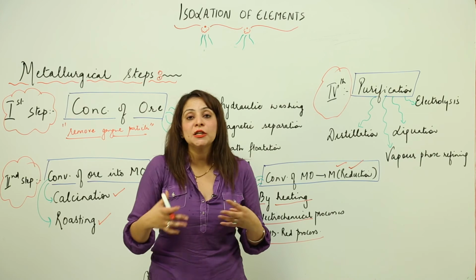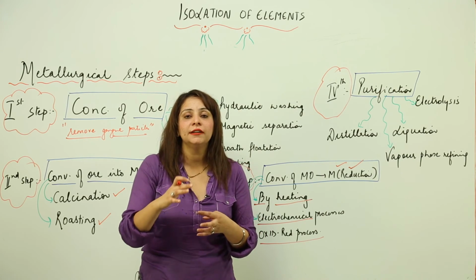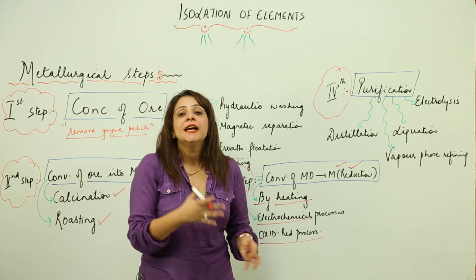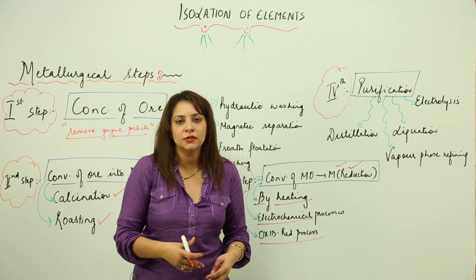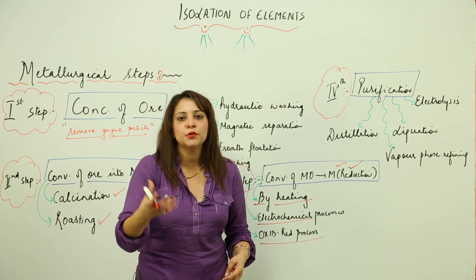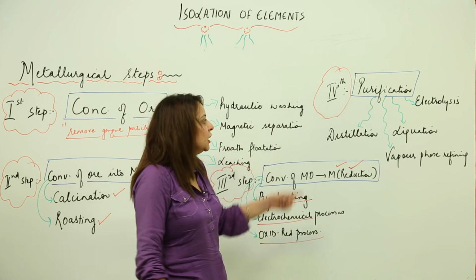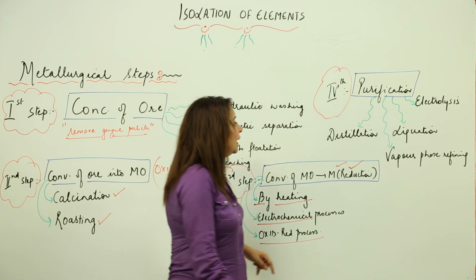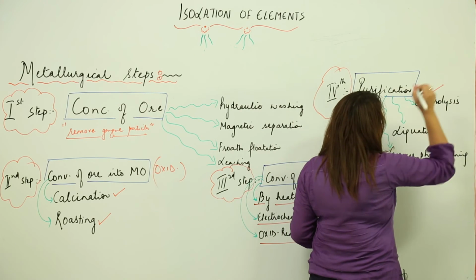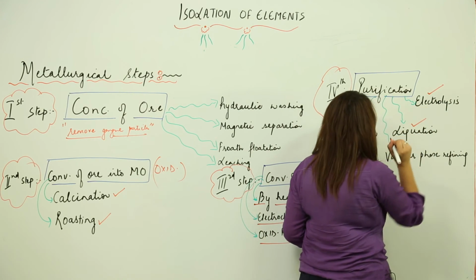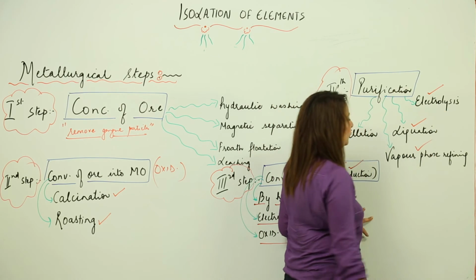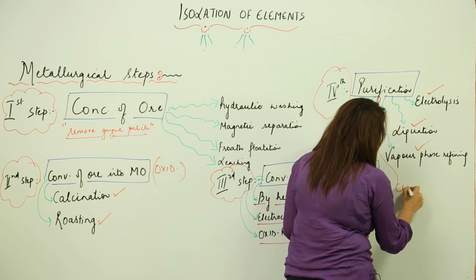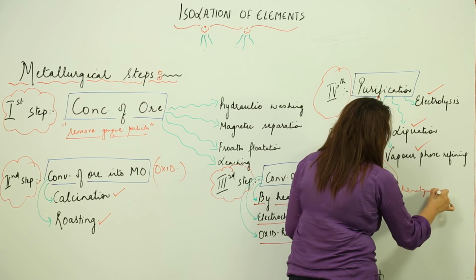As per the demand of the public, the purified metal is converted into different forms, so that you can go to the market and ask for the desired shape. We can do purification by electrolysis, liquefaction, distillation, and vapor phase. Moreover, we have one more, a chromatographic technique, which we'll take up later.